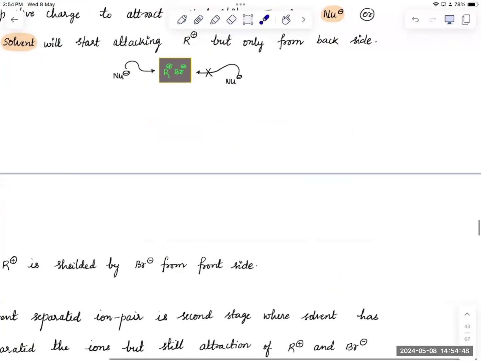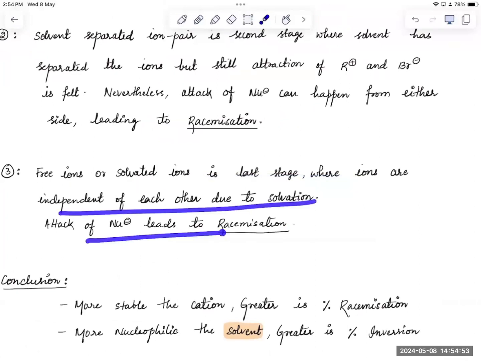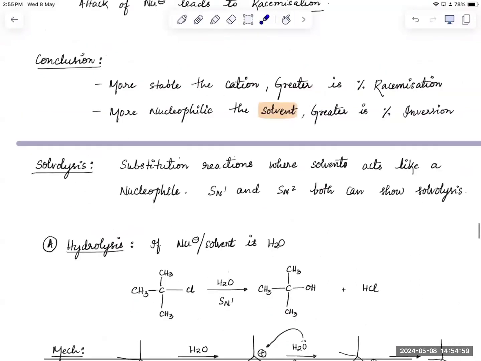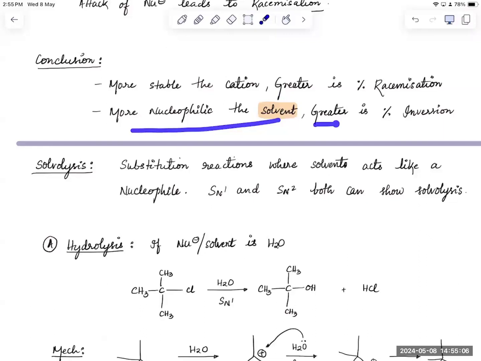Free ions, or solvated ions, is the last stage, where the ions are completely independent, so they will only lead to racemization. So you can notice that the more stable the carbocation, the greater the percentage of racemization. And the more nucleophilic the solvent, the greater the percentage of inversion.